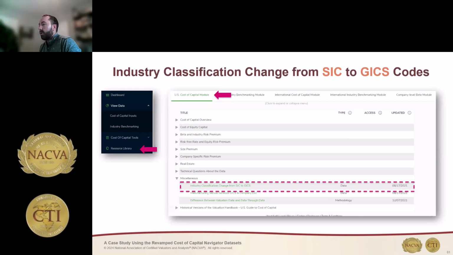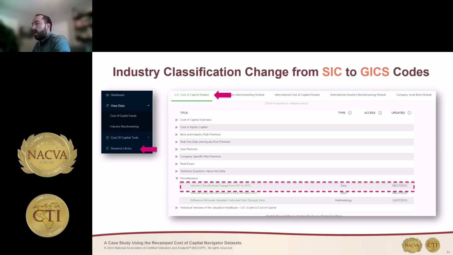And then in the early 90s, the US government stopped utilizing SICs in their analyses. So from updates to market acceptance, those were some of the primary reasons. But again, there's more details in that document.